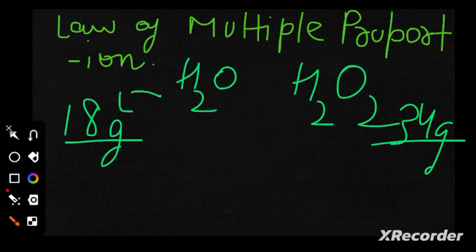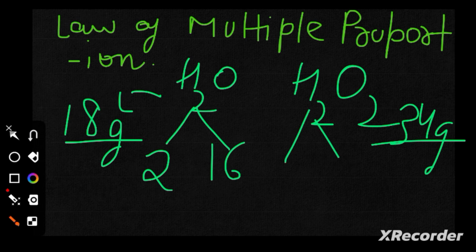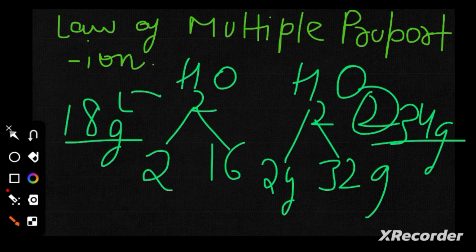So if I consider the atomic masses, two atoms of hydrogen is 2 grams, and one atom of oxygen is 16 grams. In the second, it's again 2 grams of hydrogen, and there are two oxygen, so 16 into 2 is gonna be 32 grams.